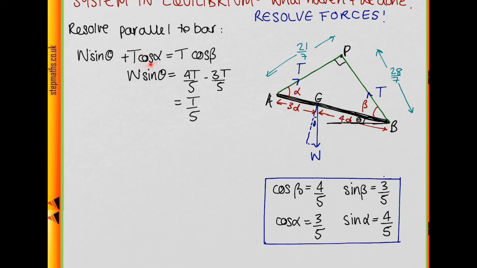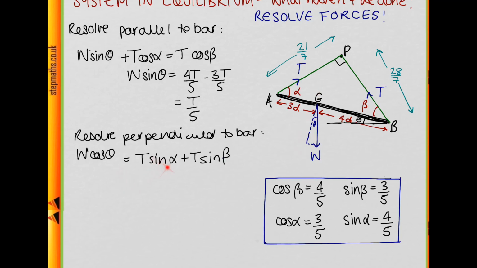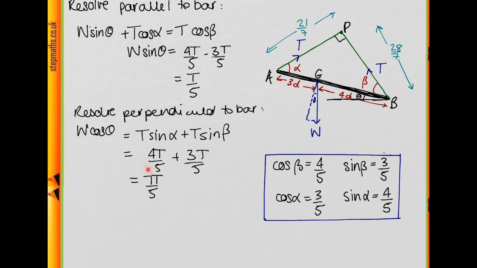Because we know our values for cos alpha and cos beta from this table here, from what we've worked out in the previous question. Now resolving perpendicular to the bar, we've got our component of weight acting down and our components of tension acting up. So W cos theta equals T sin alpha plus T sin beta. So that adds up to 7T over 5.